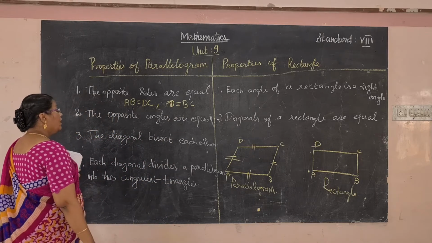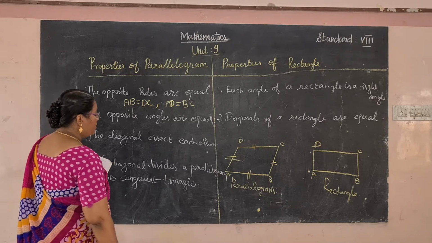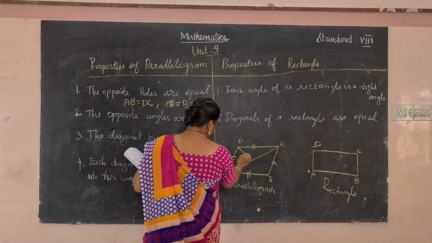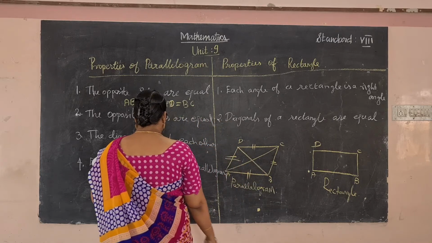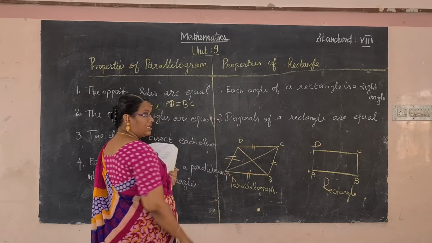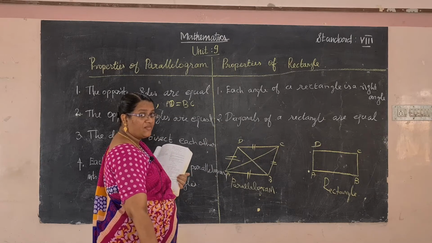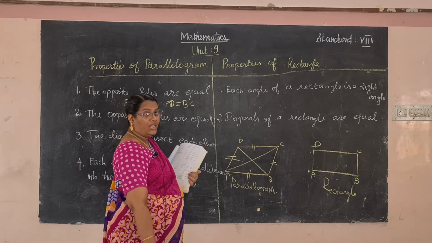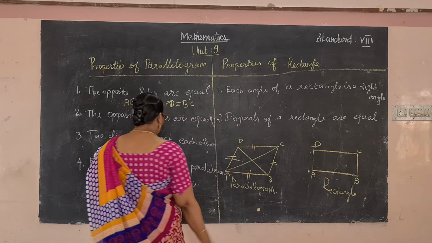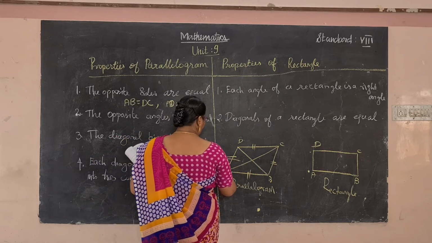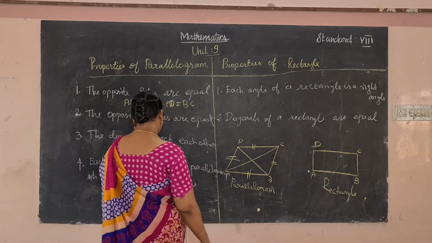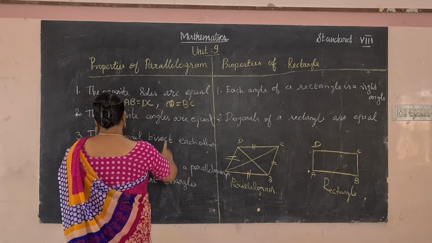And next, the opposite angles are equal. The diagonals bisect each other. The diagonal divides the parallelogram into two congruent triangles. Congruent means the same size and same shape. So the diagonal makes two congruent triangles, ADC and ABC.